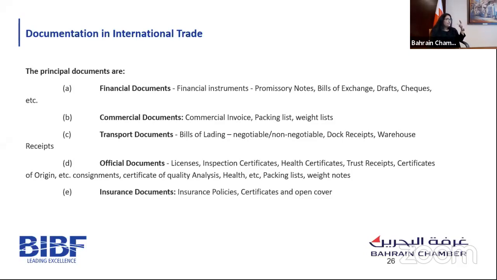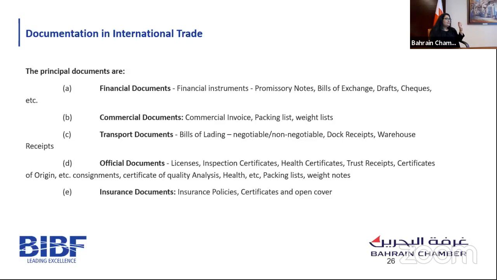So you need to make sure that you have an insurance policy for a minimum of 110%, and it covers all risks. You can decide whether you want general average or particular average. You can also have an excess or franchise in your insurance.